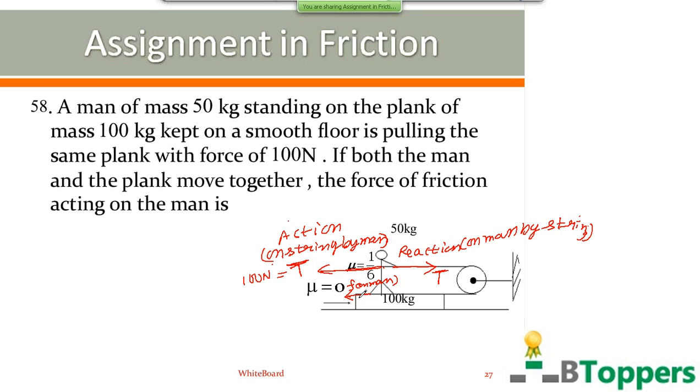From Newton's third law, if force of friction on the man by the plank acts towards left side, then the frictional force on the plank by the man will be directed towards right side. Because according to Newton's third law, action and reaction forces are equal in magnitude.